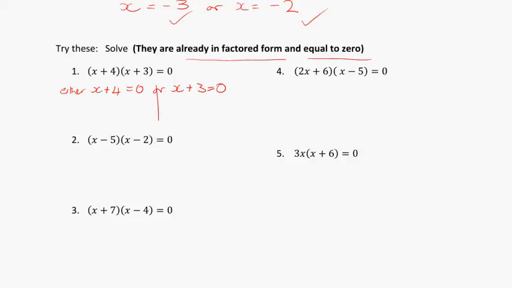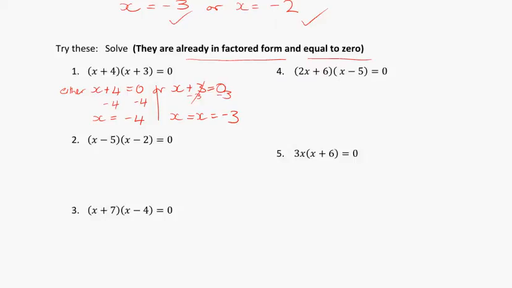Now you just go ahead and you solve each separate linear equation. Take 4 off both sides, so x equals negative 4, or x equals, you can take 3 off both sides so it disappears, x equals negative 3.